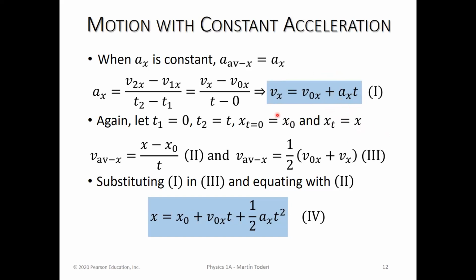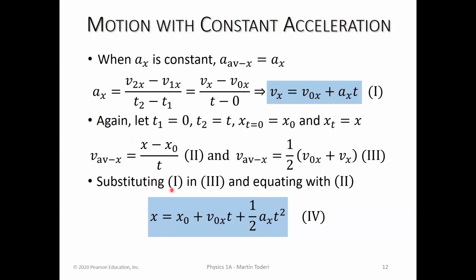Now if we do the same thing, t1 equals 0, t2 equals t, x at t0 we call x0. That would be the initial position, and our final position would be just x, for the sake of clarity when writing. Then we can go back to the average speed that we talked about early in the class, and we can write this average speed as the initial speed plus the final speed divided by 2, because that's basically the average, right?